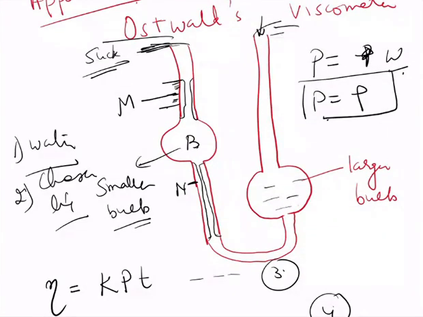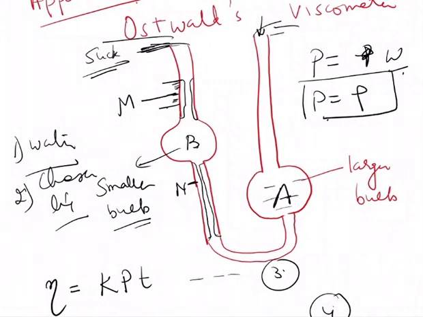The apparatus used is known as your Ostwald viscometer, which is shown in this figure. It consists of two bulbs, which you can call A and B, connected through a fine capillary. The bulb A is of the bigger size, whereas the bulb B is of the smaller size.